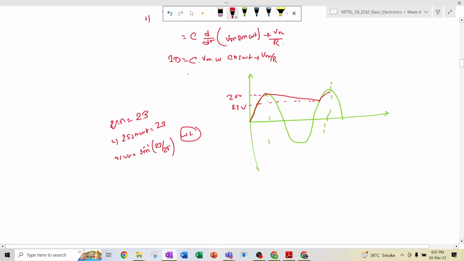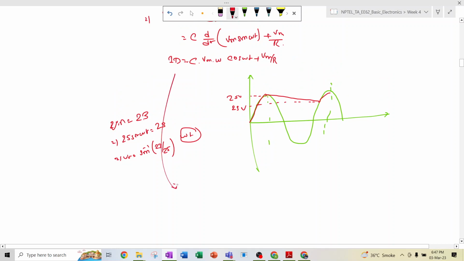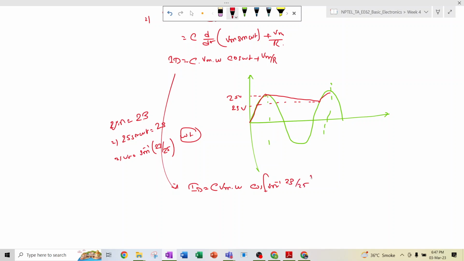And if we replace in this diode equation, it will be ID equals C Vm omega cos of sin inverse 23 divided by 25, plus this Vm you can take as 25 divided by R, which is 500. Okay, yeah.